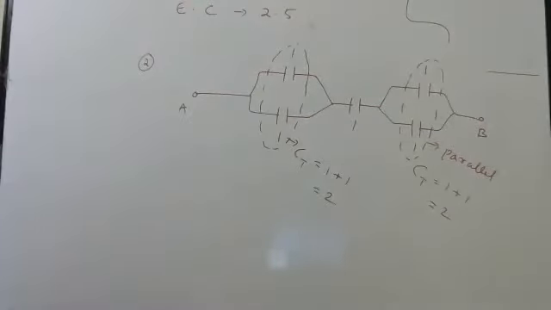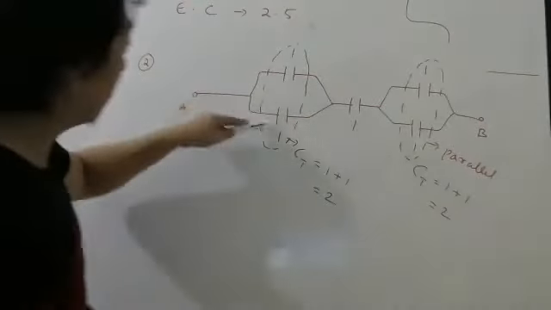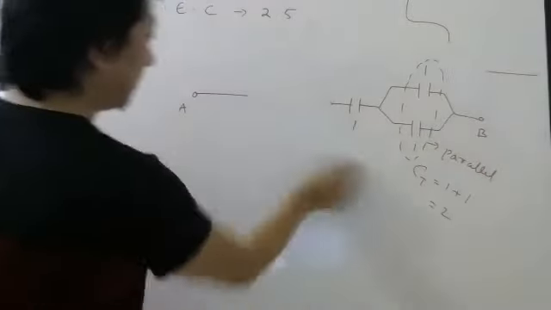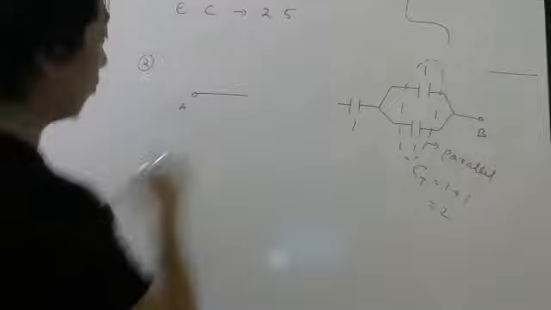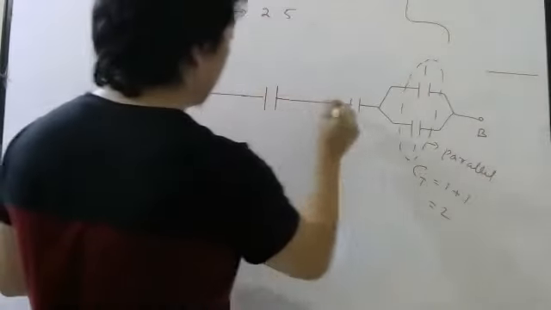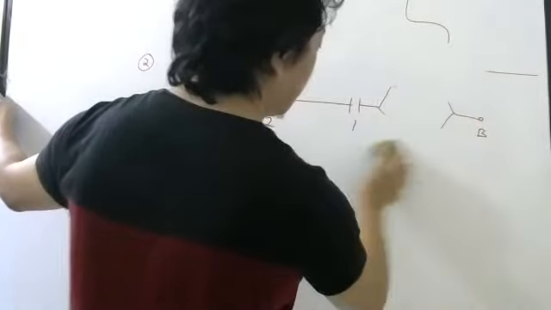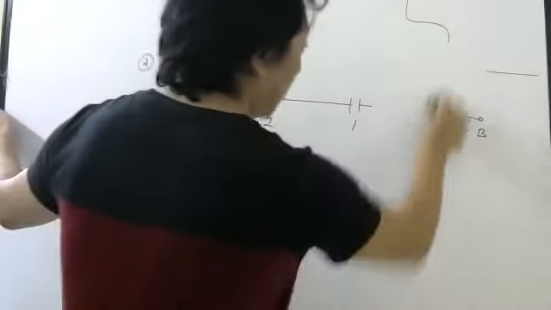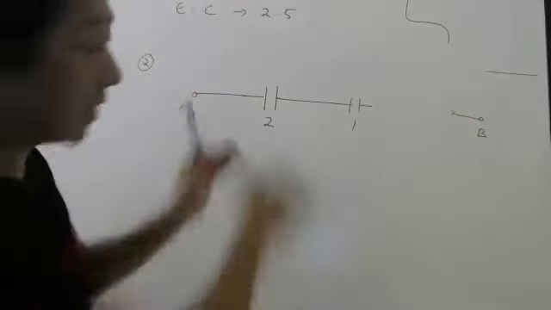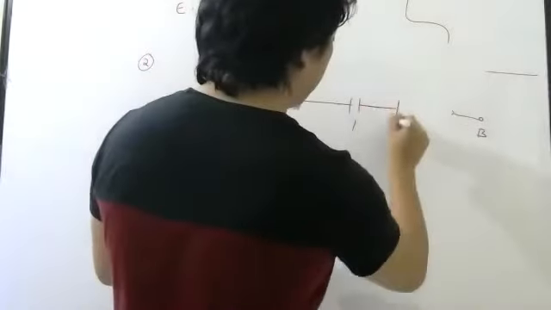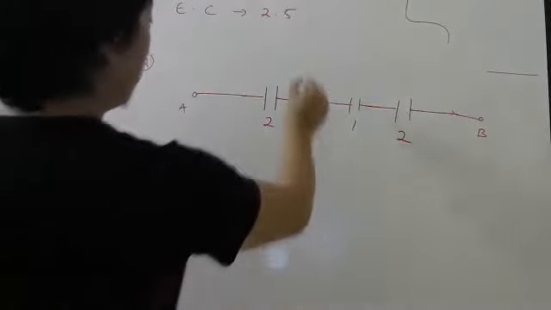Right? Once you know that this total of these two is 2, then you can replace them by one capacitor. So here you can put now 2 microfarad, and here also you can replace it by one capacitor. See, this is how I will be doing in the class because there is no space to write everywhere the diagram. And this way you will easily understand also. So now you look these three.